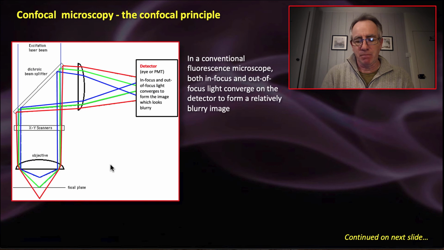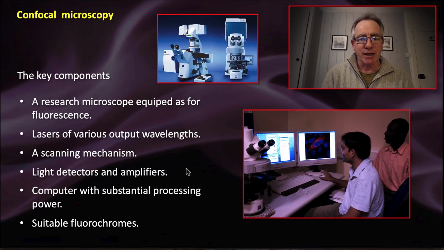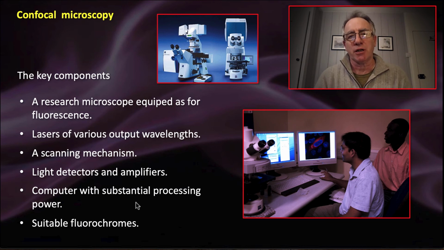You need light detectors and amplifiers. I will explain that in the fullness of time. You need a computer with substantial processing power. Now, in the old days of confocal microscopy, if I think back 15 years, I'd be trying to make a series of images, maybe 100 images of a biological specimen, and the computers just could not do it.